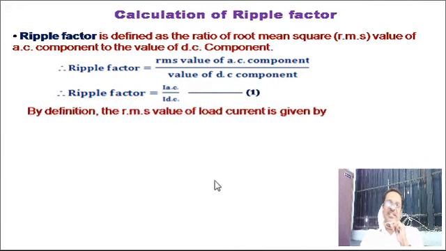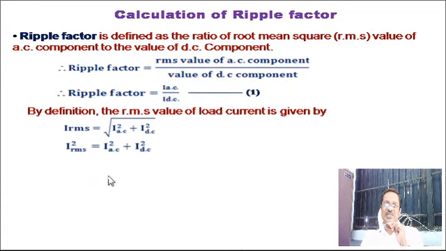Now by the definition, the RMS value of load current is given by, load current meaning the current flowing through the load resistance in the rectifier circuit. IRMS is under root IAC square plus IDC square.